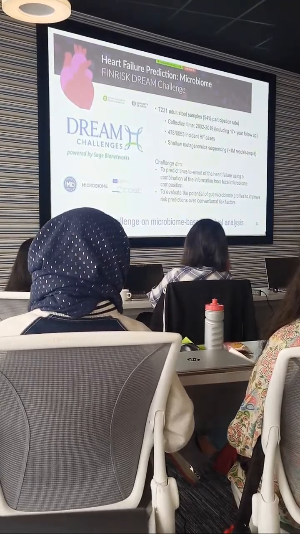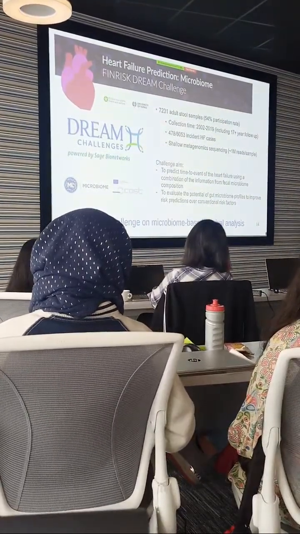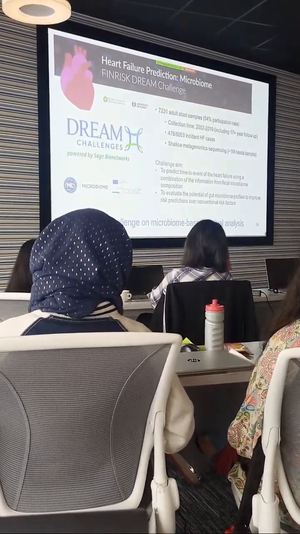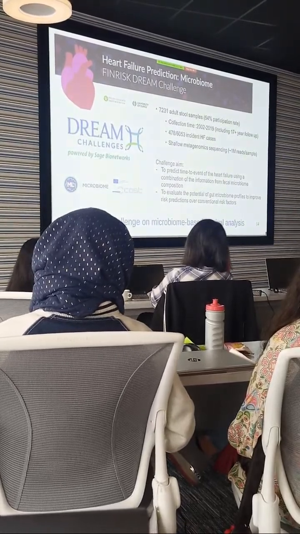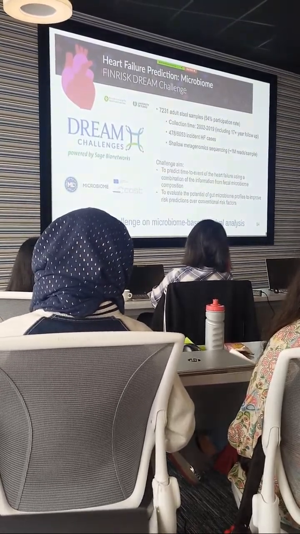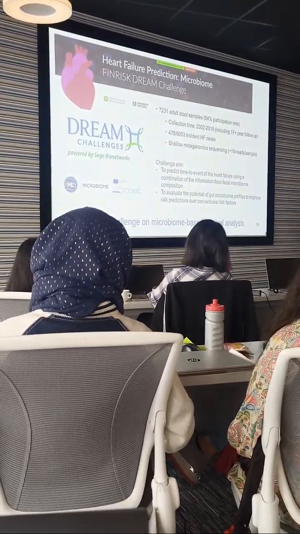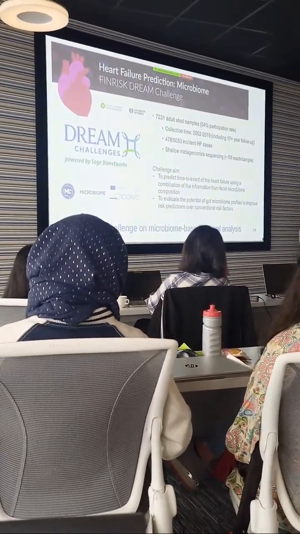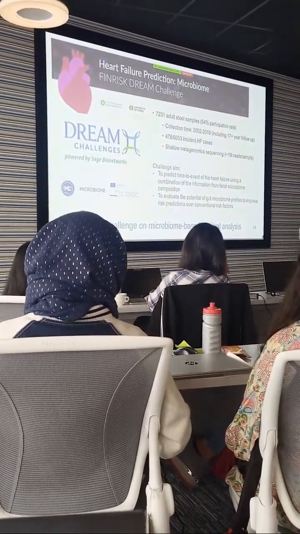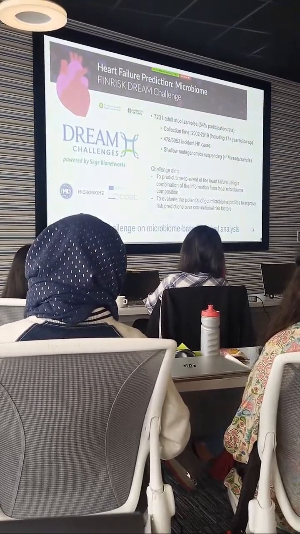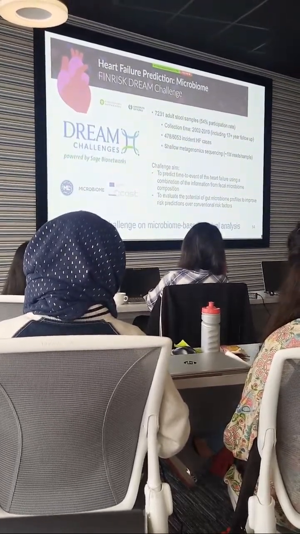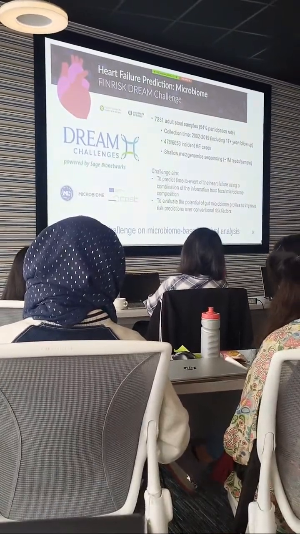And now the challenge is closed, and we are just writing the manuscript. There were two top scoring teams, and they generated very nice predictions. I think the winning prediction, it's actually not winning, it's top scoring prediction, was based on, I think, just lasso regression and some additional treatment.